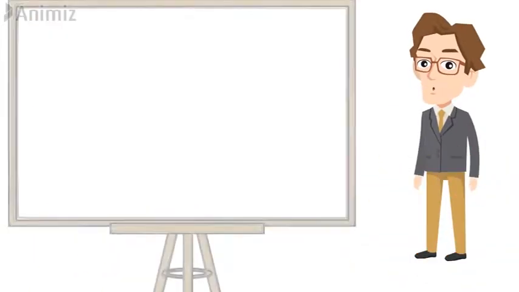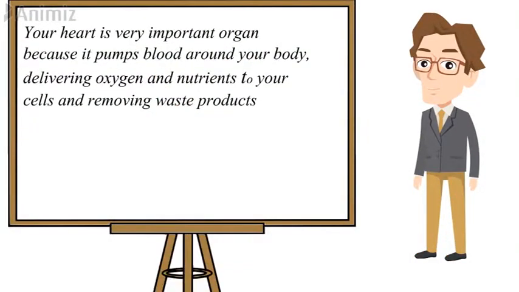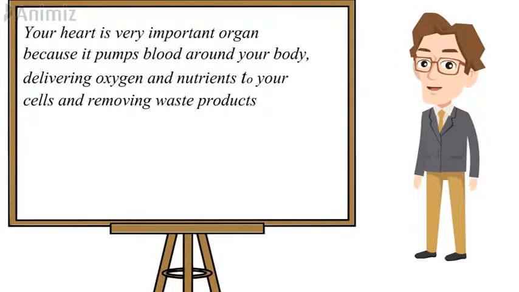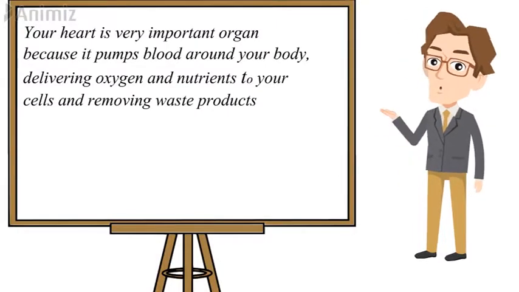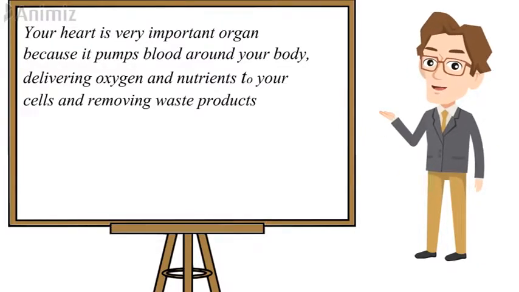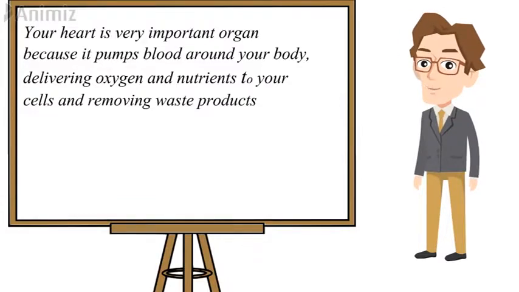So now coming to the next part, your heart is a very important organ. Why is it very important? Because it is going to pump the blood, and you know that blood contains oxygen and nutrition, which is necessary for your body, and it is also going to remove the waste products. That's why your heart is very important, right?